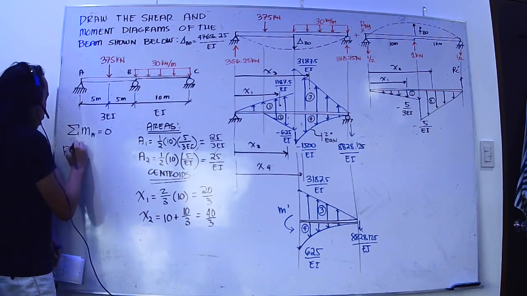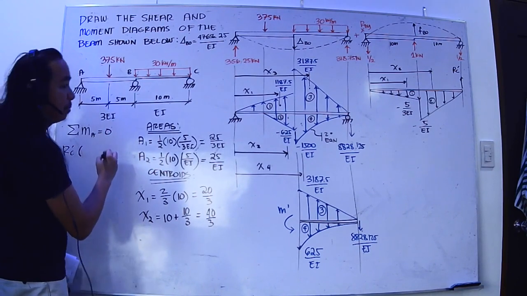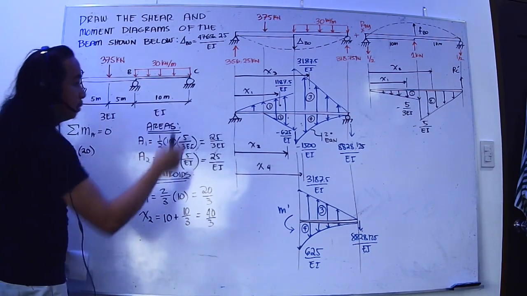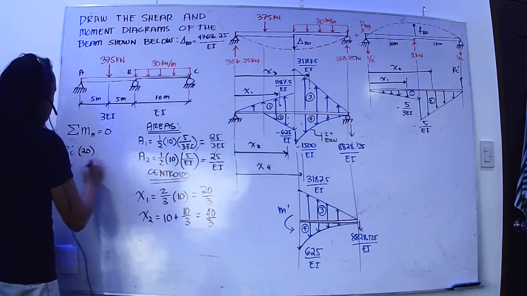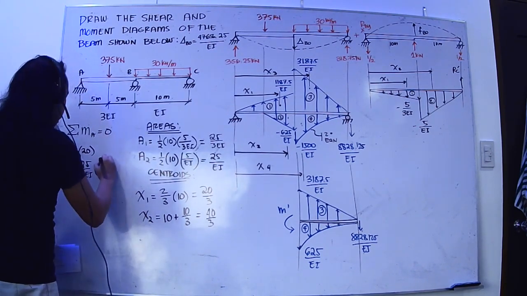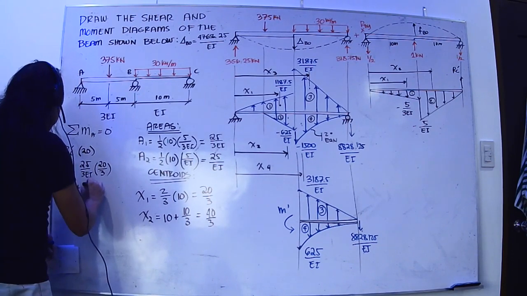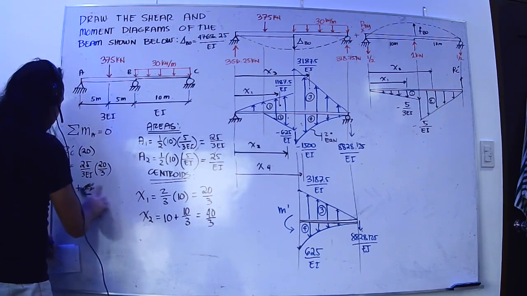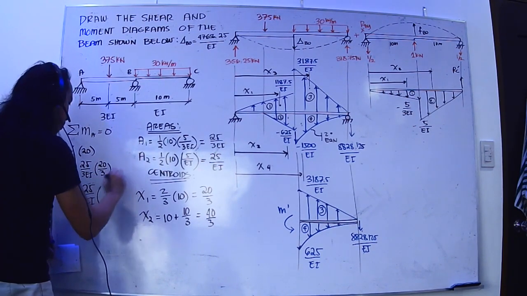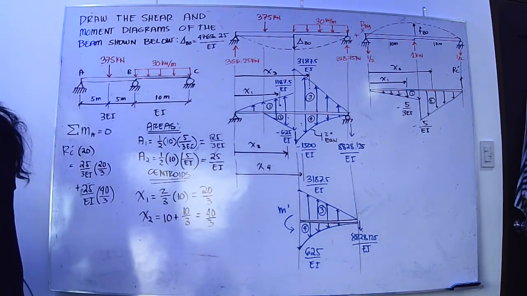So RC prime multiplied by 20 is equal to A1, which is 25 over 3 EI multiplied by 20 over 3, plus 40 plus 25 over EI multiplied by 40 over 3.